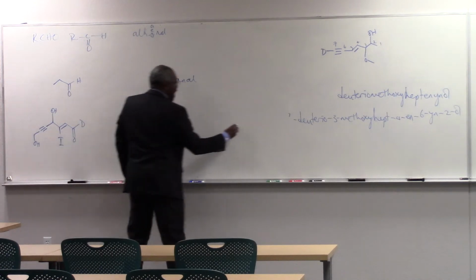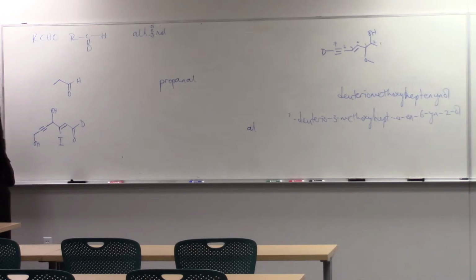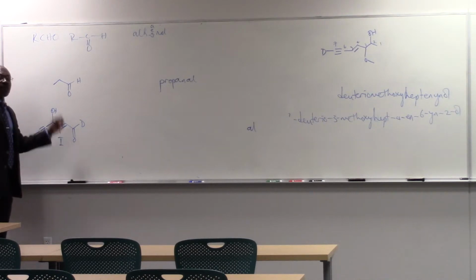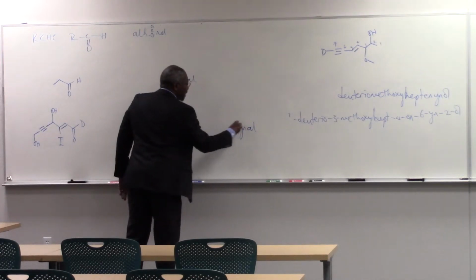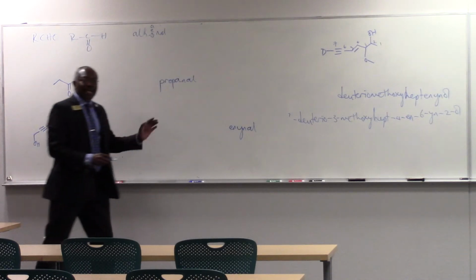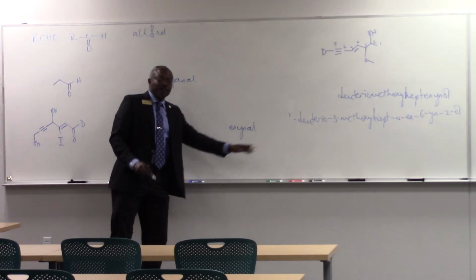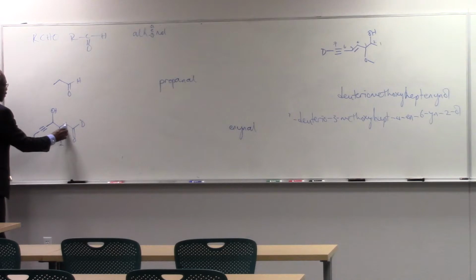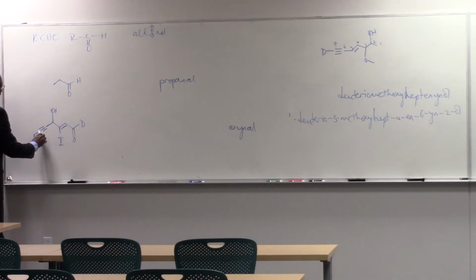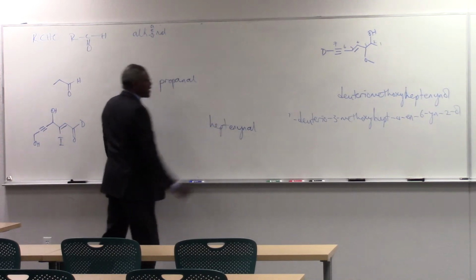So I'm going to write al. I'm going to characterize the backbone. It's got a triple bond and a double bond. The triple bond wins. So this is an yn-al, or an, because I'm going to write the yn closer to the al, and then the en next. So this is an en-yn-al. Longest carbon chain. 1, 2, 3, 4, 5, 6, 7. So this is a hept-10-enal.